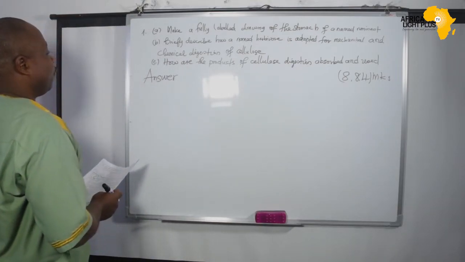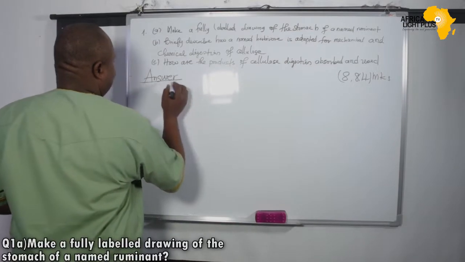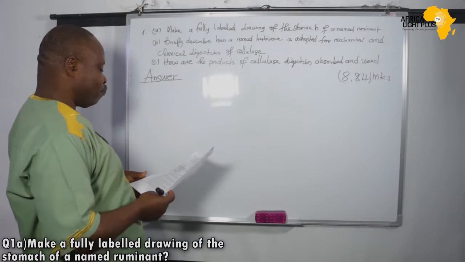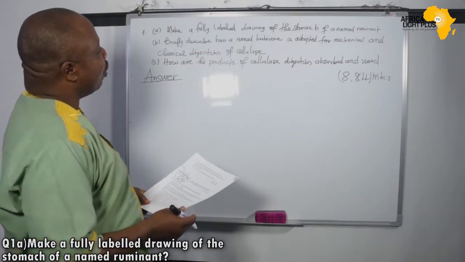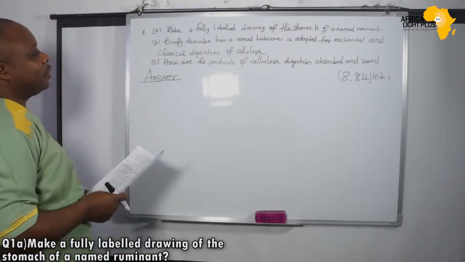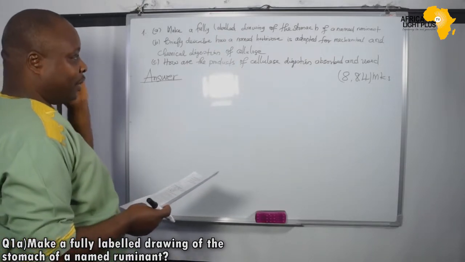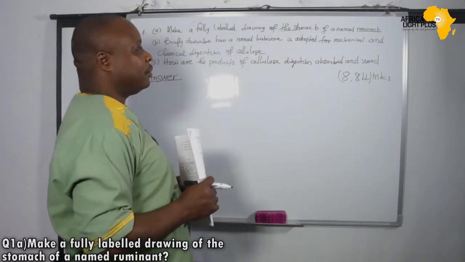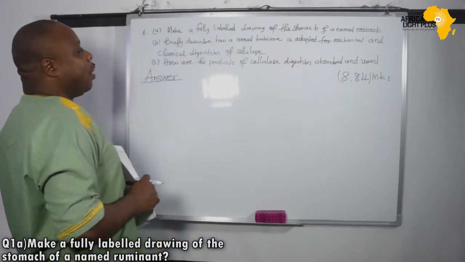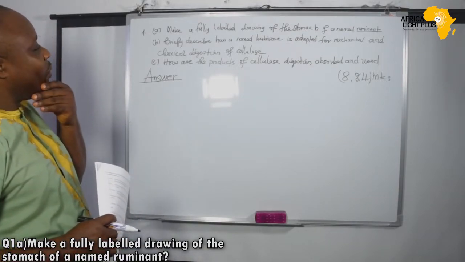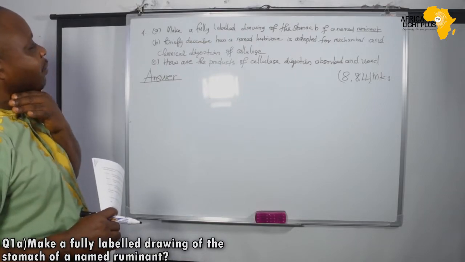So part A of question 1 says, make a fully labeled drawing of the stomach of a named ruminant. It's a very key, important word, ruminant. Now, our cellulose or grass-eating or herbivorous organisms are divided into 2.